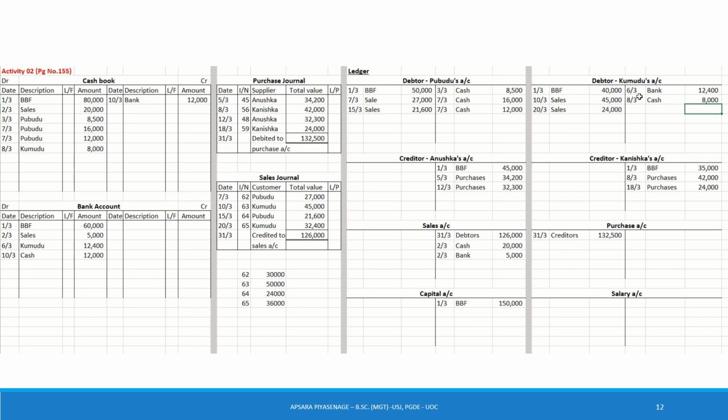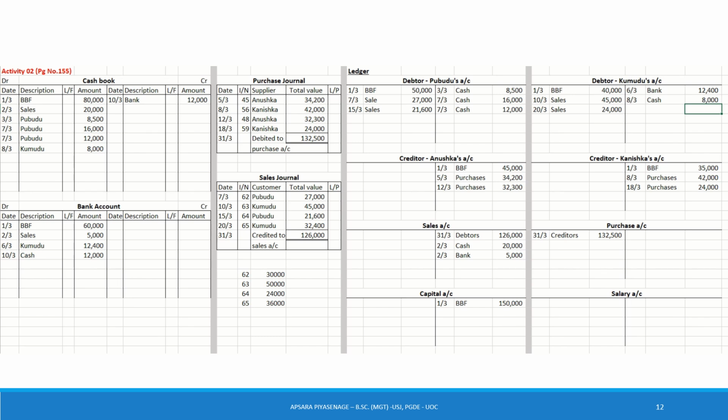Right, all the cash receipts and check receipts are recorded. Now we will record the payments of this business. There are cash payments and check payments.